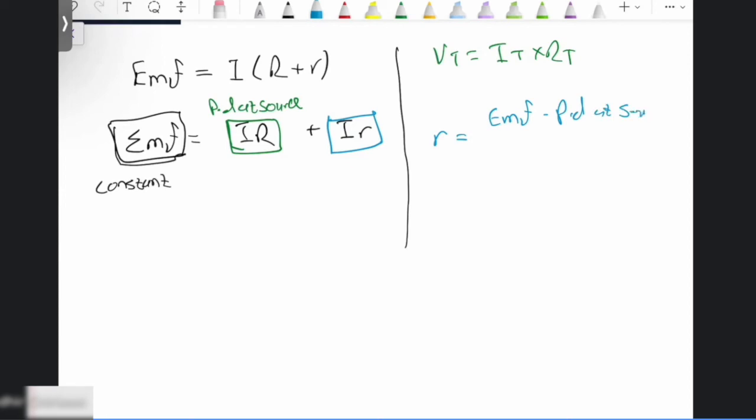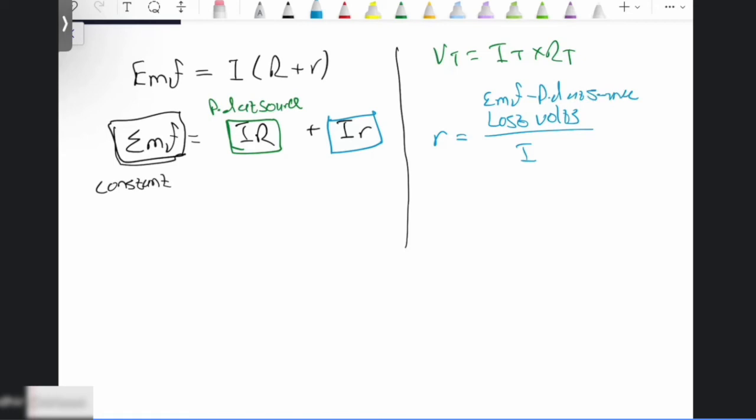I always told you guys that this represents lost volts. So we know it's EMF minus the potential difference at source, right?